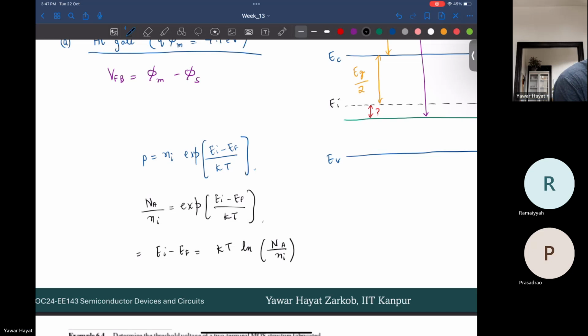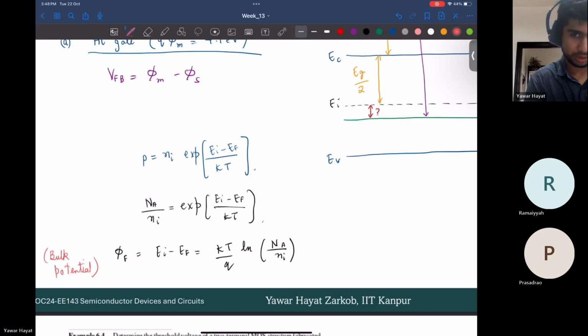This is what is called bulk potential, Q phi. In fact, bulk potential is phi f. I can write this, right? This is called bulk potential. You can even memorize this. What is phi f equal to in terms of energy difference?